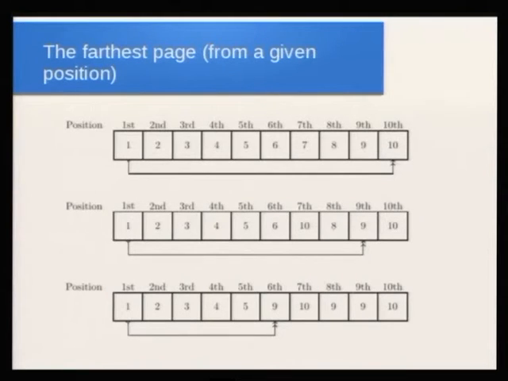So if you would represent how long page 10 remains clean, it would be this arrow. So it's of course smaller than the length of time that page 9 remains clean. So 9 has the farthest access from position 1. And if we again have 9s here in the write pattern, 9 is the furthest page from position 1.